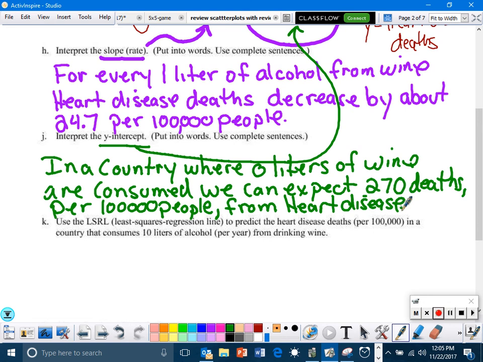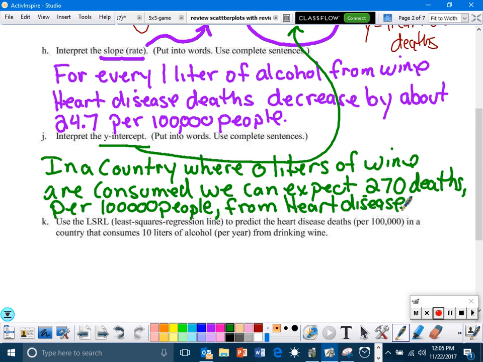That totally makes sense. There are some countries where alcohol is not permitted, so they may have a higher death rate for heart disease per 100,000 people.